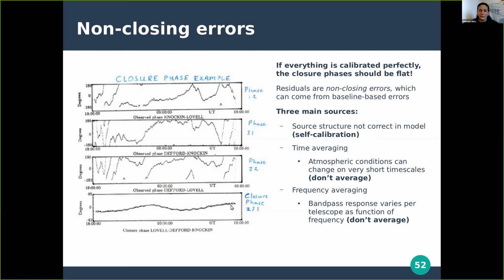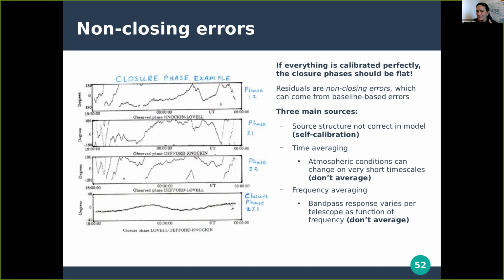And then also you can get non-closing errors from frequency averaging. And so here your bandpass response varies per telescope as a function of frequency. And if that varies a lot over a certain frequency range, then again, when you average, your average value is not representative of all of the values within that frequency range.